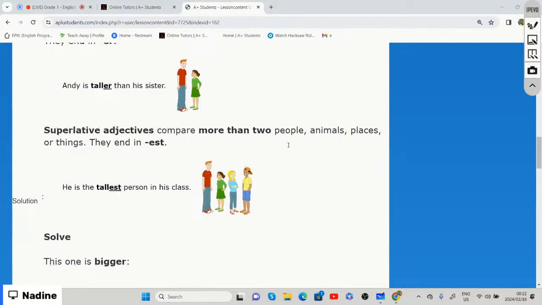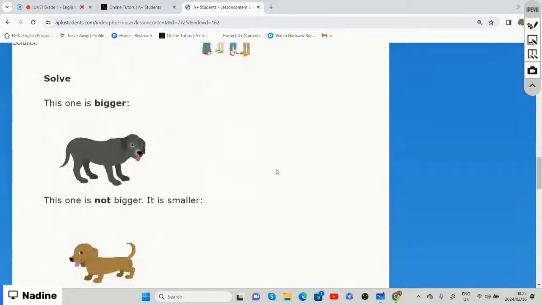And if we look at this example, it says which one is bigger, right? This is not comparing two, let's say, animals. If they were to ask which one is bigger, we would identify the black one, and we will say this one is bigger.